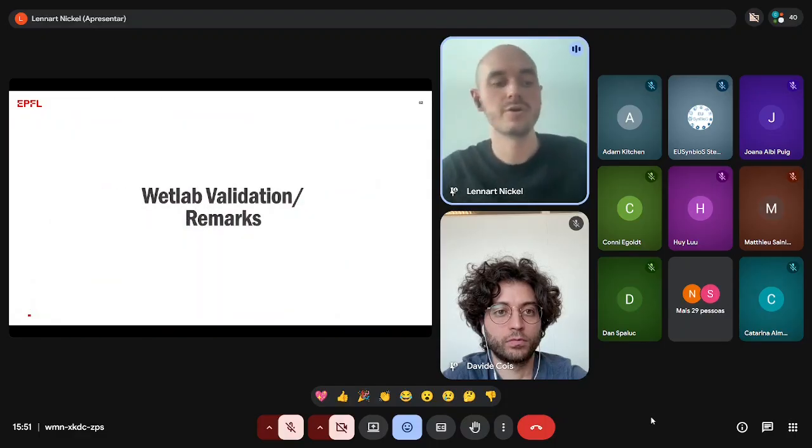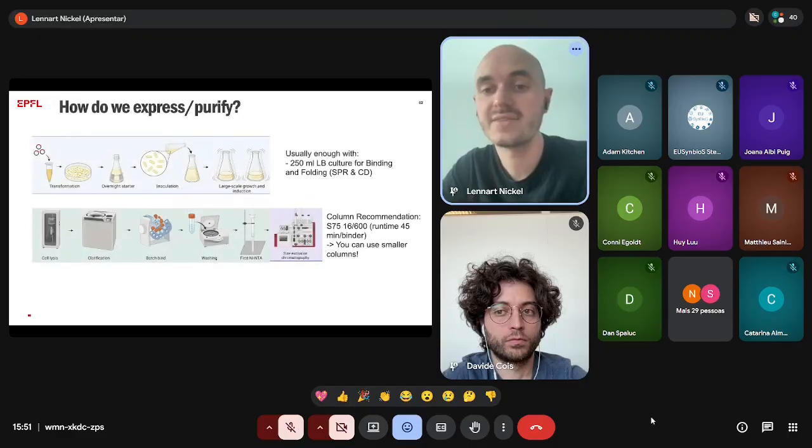Now, some last remarks on the wet lab validation. I want to go through this quite quickly before I'm happy to take any questions from you. This is now very basic, but I just want to give you an idea of what we have been doing. We have been doing most of our experiments with standard E. coli expression and purification. We usually did 250 milliliters of culture, so not a lot.